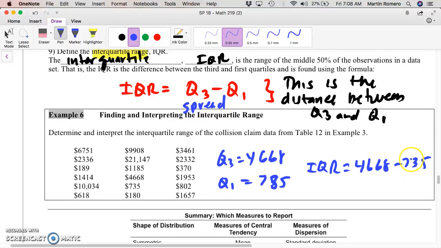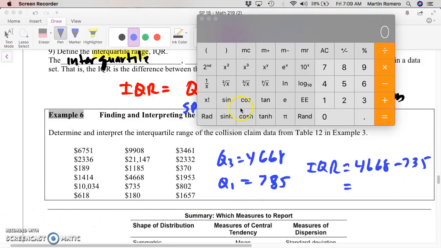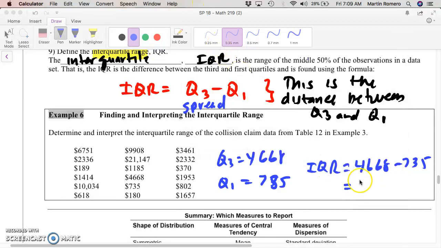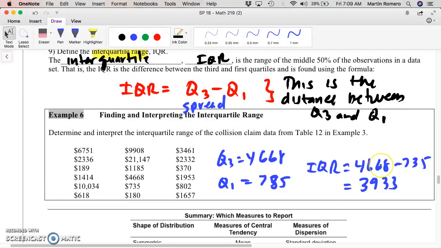And again, I do not carry my calculator with me, so I opened my calculator and paused it real quick to do that. 4668 minus 735, and you end up with 3933. 3933 is the interquartile range.